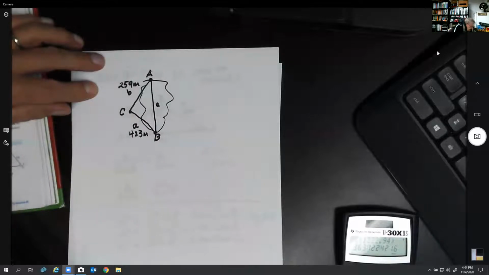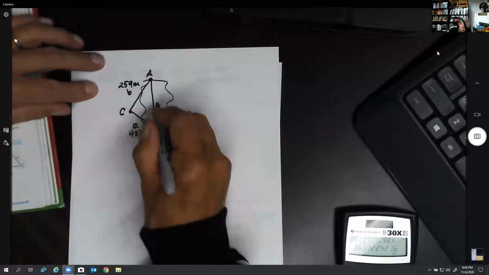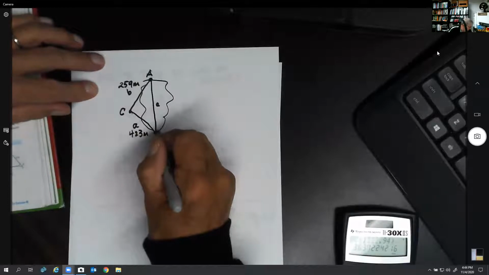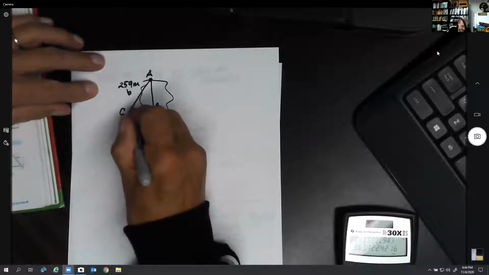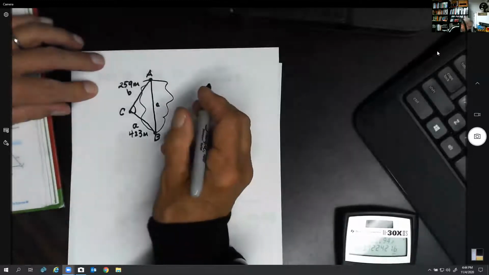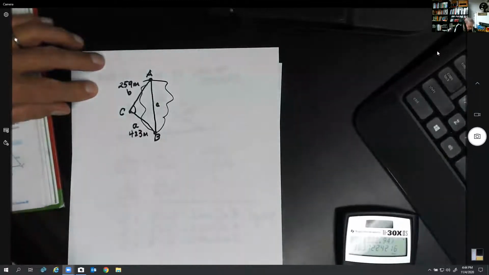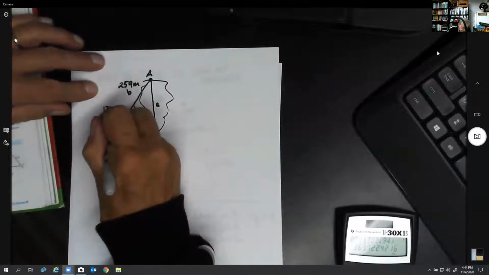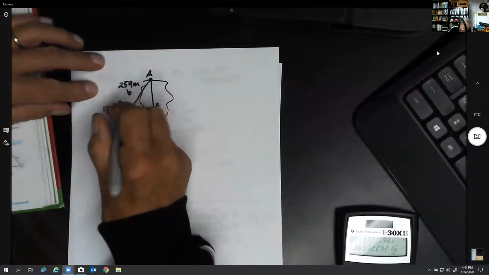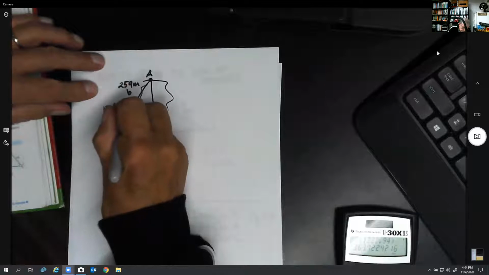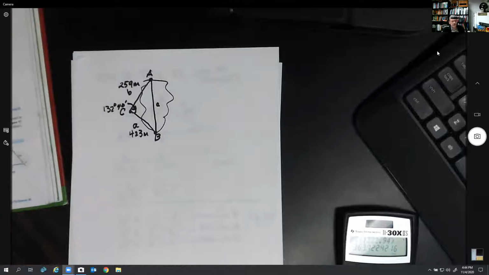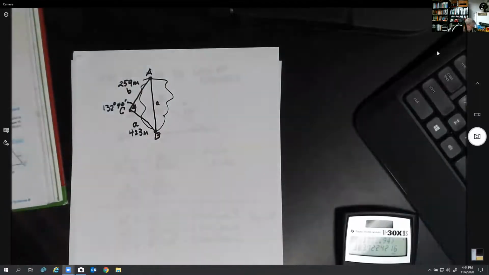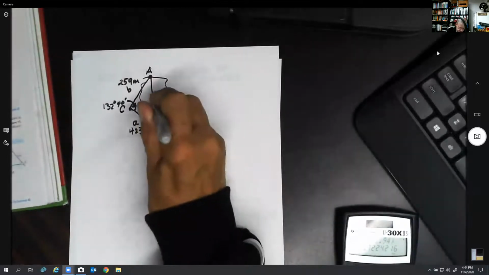And angle ACB, this angle right here, or angle C, is 132 degrees 40 minutes. That's this angle right there. So what she wants to do is figure out the distance between A and B, which is side c.